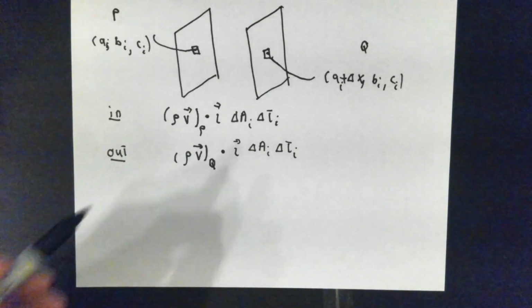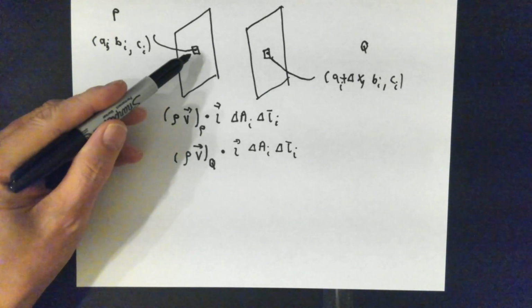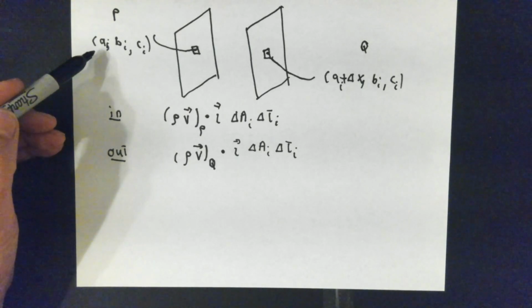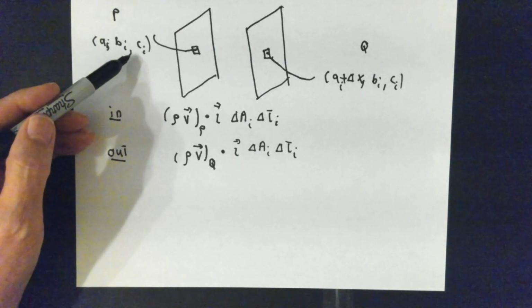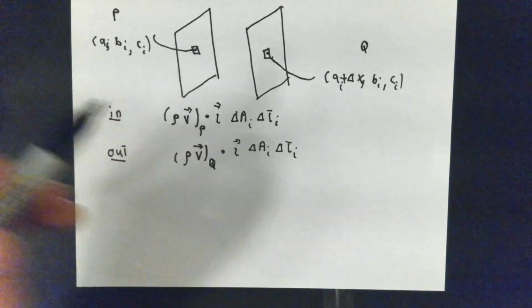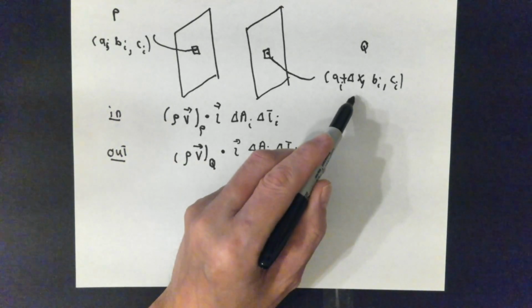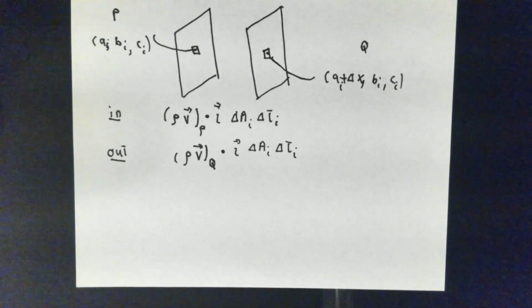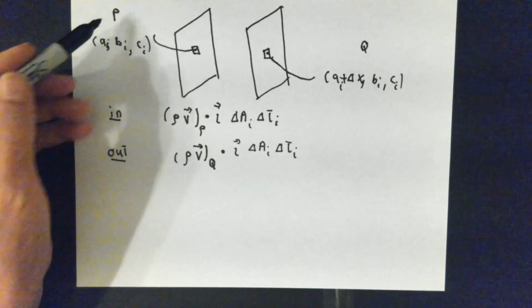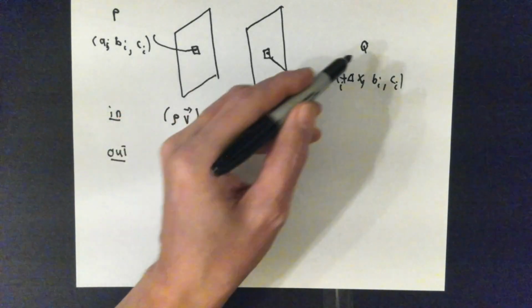I'll call a representative point in this square x equals a_i, y equals b_i, z equals c_i. Here, I'll have the same coordinates except only the x coordinate has changed. I'll call the point here P and the point here Q.